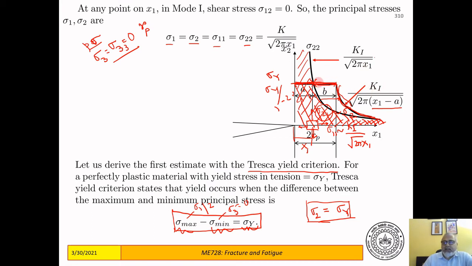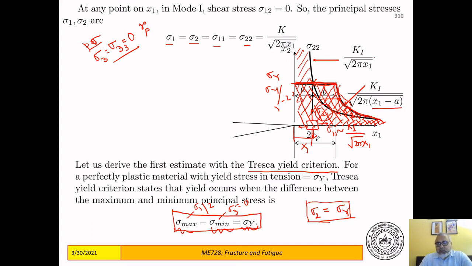So the total load carried by this cross-hatched area has to be equal to the load carried by the single-hatched area. And that is possible. We will find out A and B based on this principle.